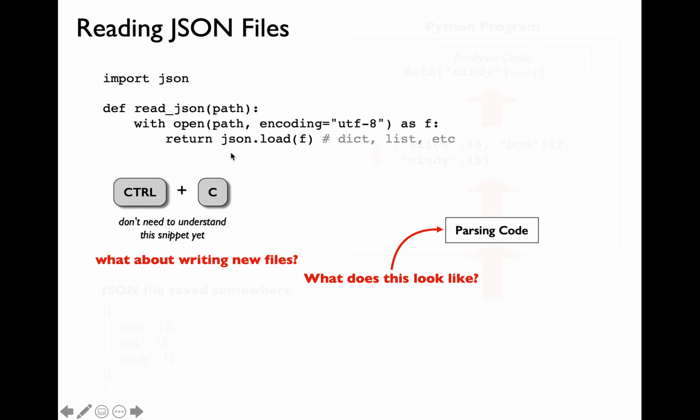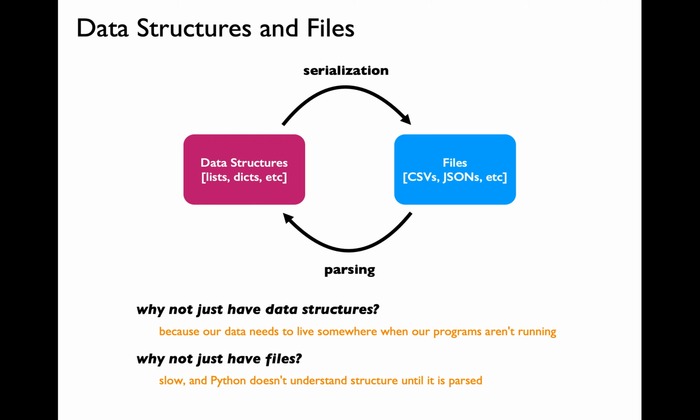You can for now assume that this particular code snippet just parses the JSON file's content and gives you the corresponding data structure or data type representation within the Python code. You just need to copy paste this particular code snippet, which is going to enable you to read or parse data from JSON files.